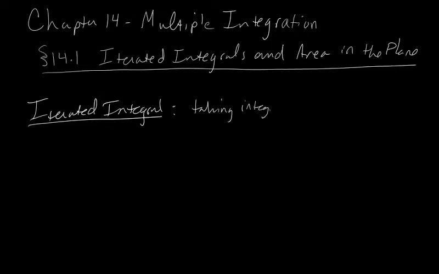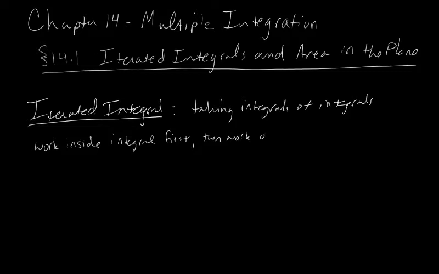We are taking integrals of integrals, and obviously it's a little bit more complicated than that, but that's the big idea. We're taking an integral of another integral, and we work from the inside out. So we're going to work that inside integral first, then work our way out.